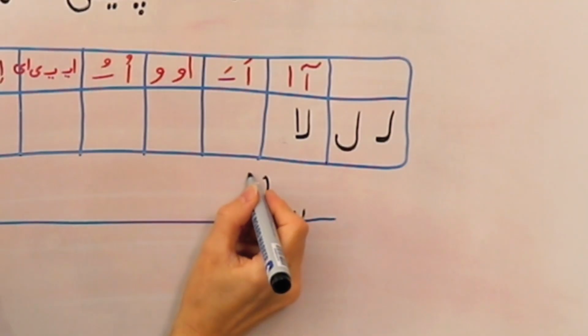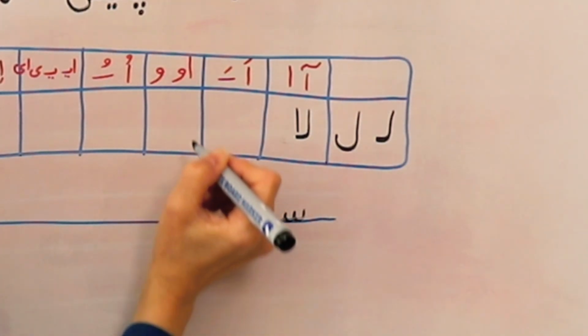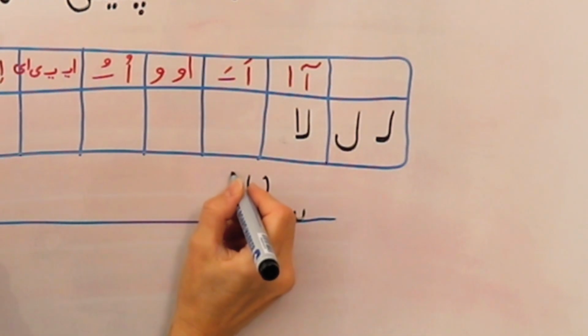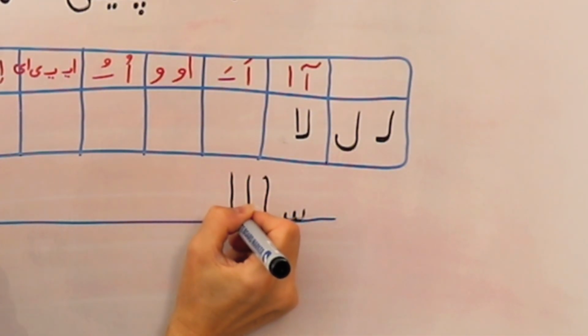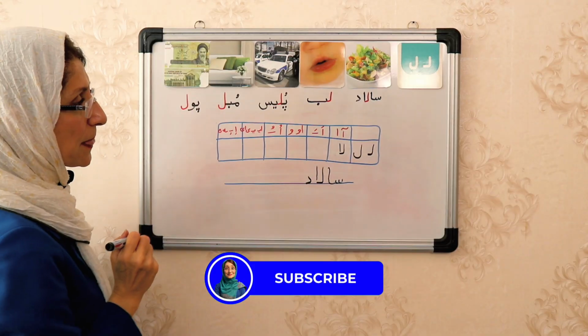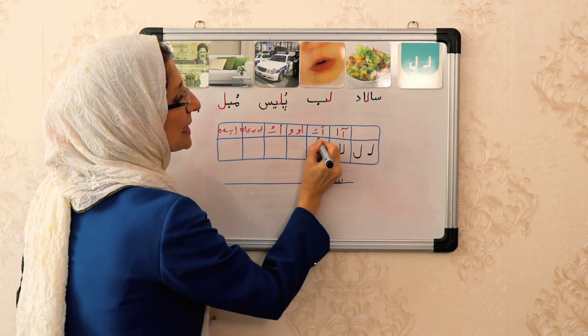Look the way I connect. First we write le, but we don't go bottom to up. We bring a up to bottom. Salad. Le and a will be la.